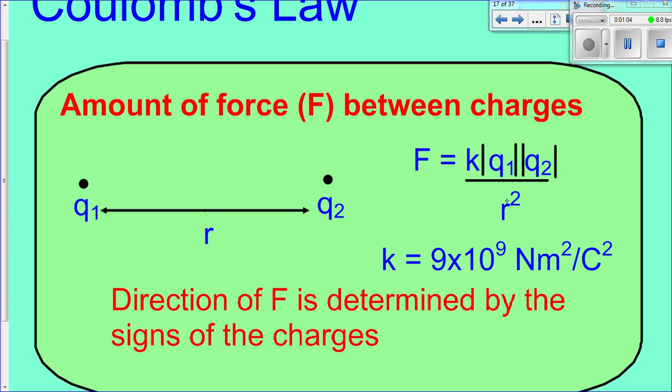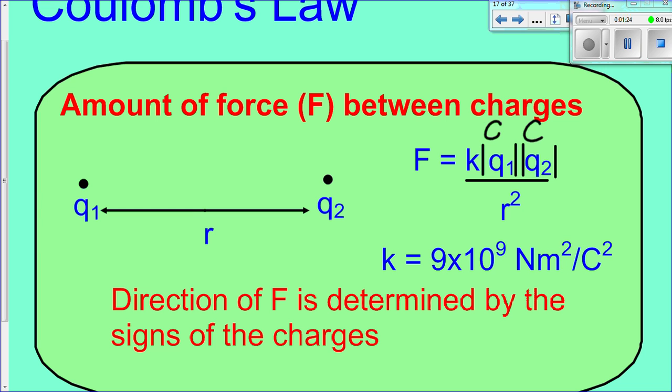Now let's talk about that. Let's walk through that a little bit. First of all, Q1 and Q2, by now we know that those are the charges, and charges have to be in units of coulombs. And so Q1 would have a charge of coulombs, and Q2 would have a charge of coulombs as well. And notice they are the absolute value.